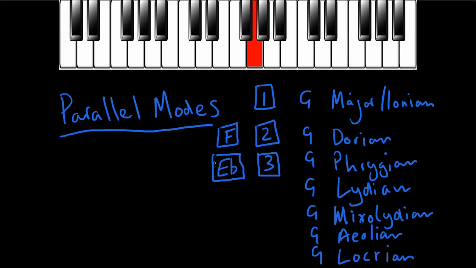And so the third note there is a G, and if we remember that the E flat major scale has an E flat, an A flat and a B flat, we can build our G Phrygian scale by including the E flat, the A flat and the B flat, but starting on a G.